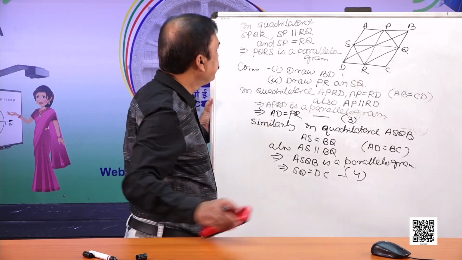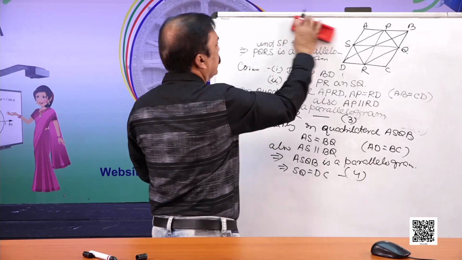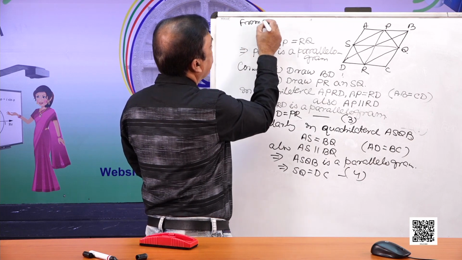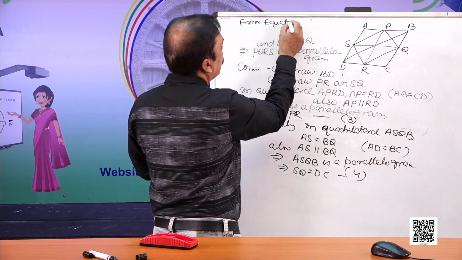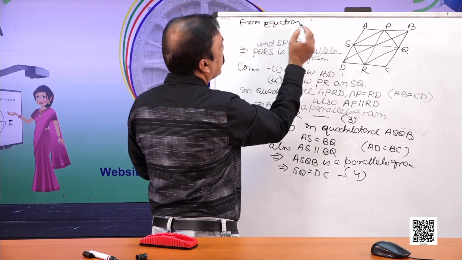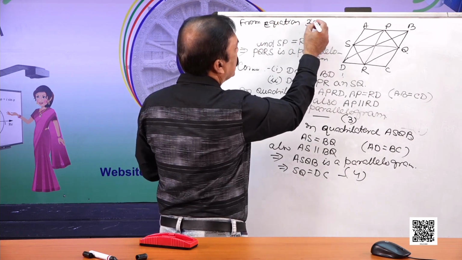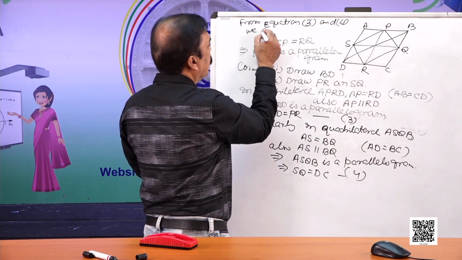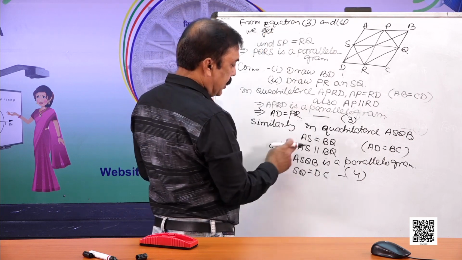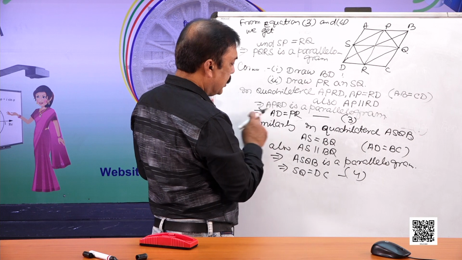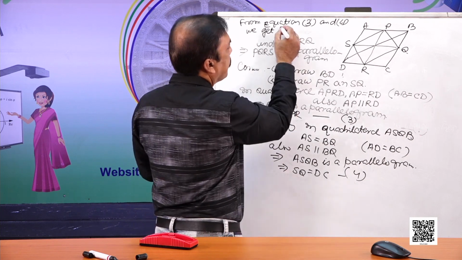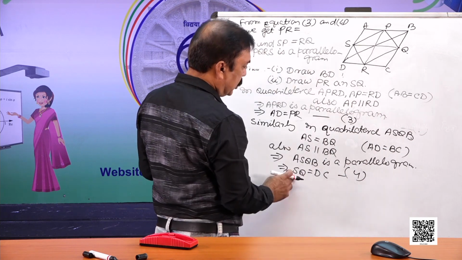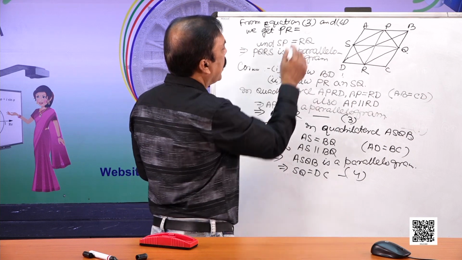So from equation 3 and 4, we get that CD is equal to PR. SQ is equal to PR.